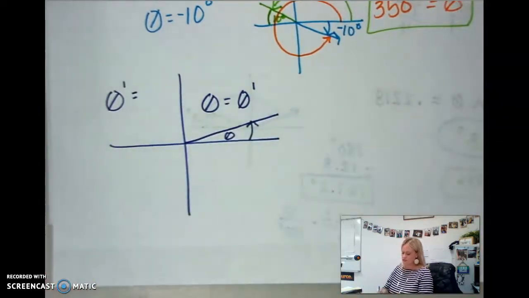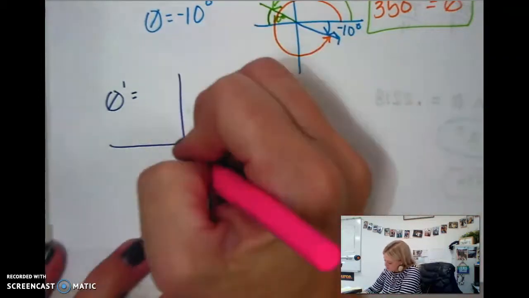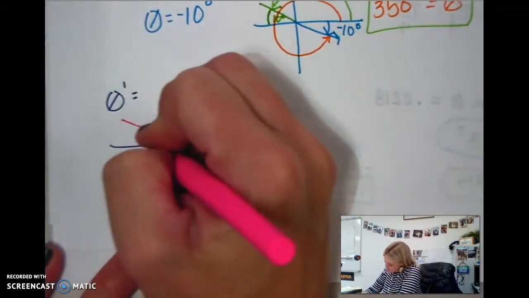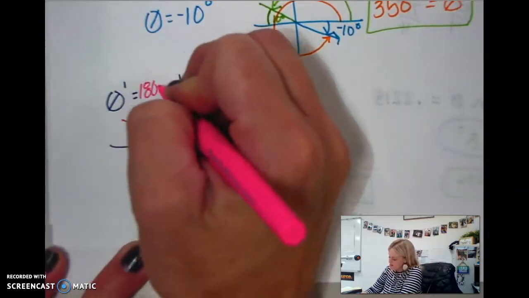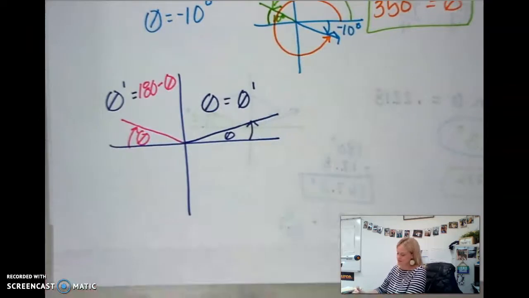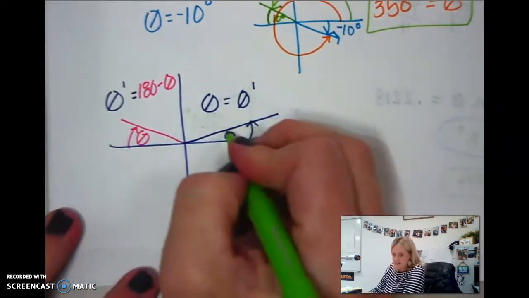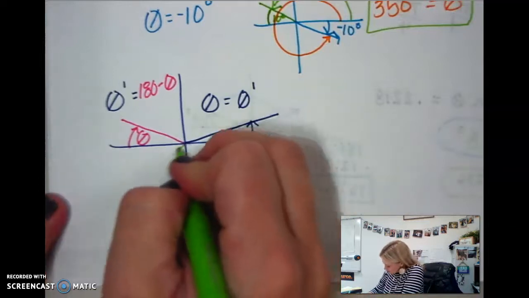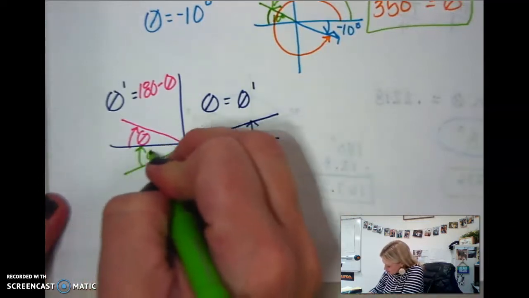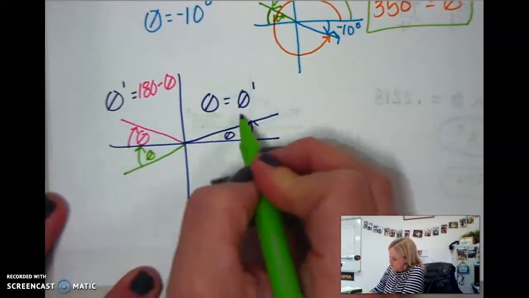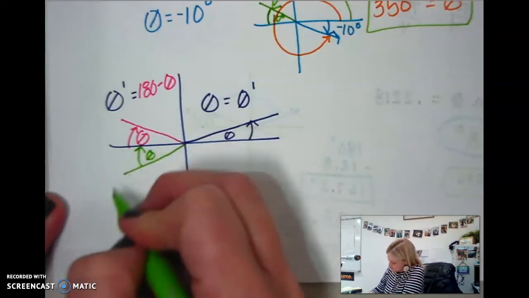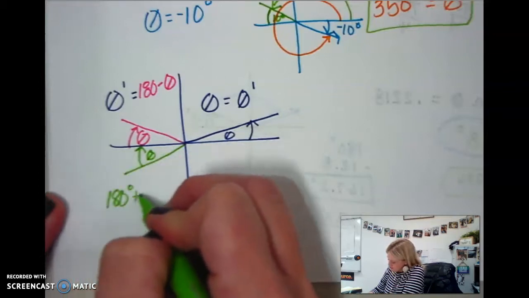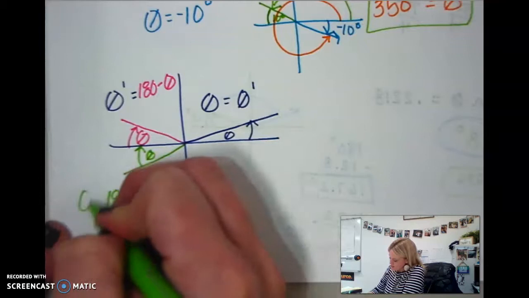You're going to use that in quadrant 2, and it's going to be the same distance from here to here, but you're going to have to take 180 minus theta to find out what that angle is. Now, if theta is over here and my reference angle is down here, from here to here, what am I actually doing? I'm going all the way around 180 plus this point. So we have 180 plus theta in quadrant 3.